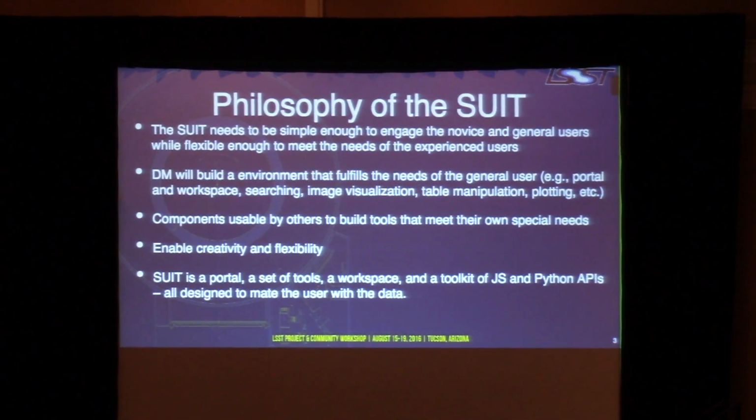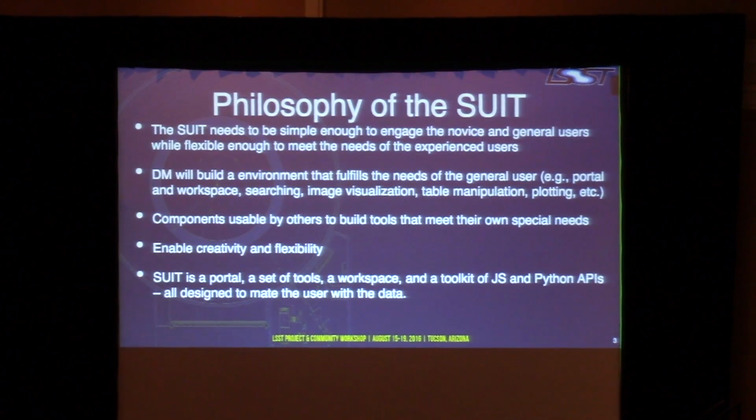When I stand up here and I talk to collaboration members, it's very clear to me that there is no way that we can build one interface or one visualization environment that suits the needs of every user or every collaboration. So people who are doing solar system work really don't care about redshifts, right? So you don't want to build an interface that is only oriented towards extragalactic and redshift measurements, for example.